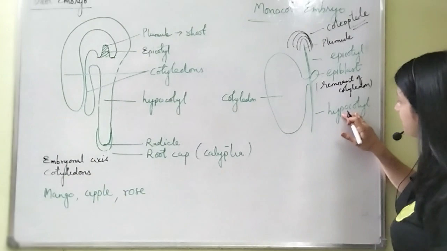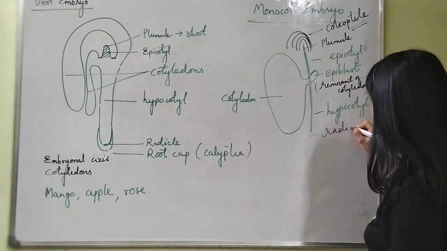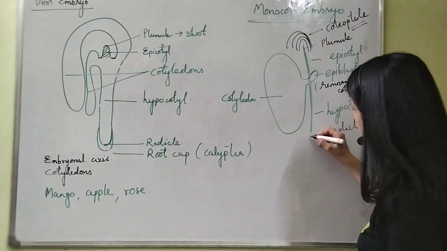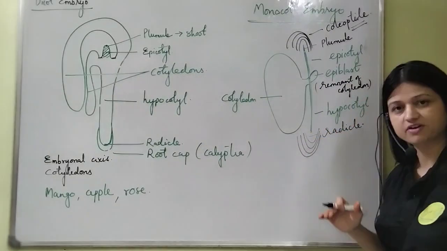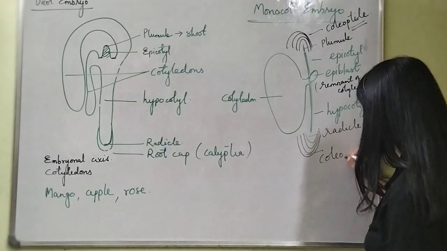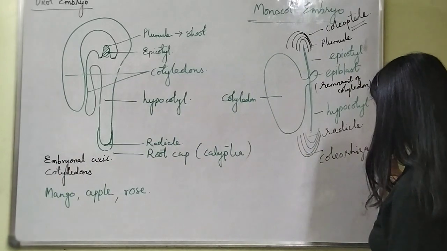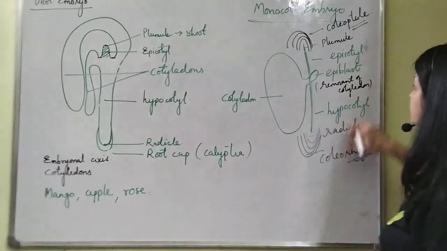Clear? Hypocotyle, it terminates at radicle, and this radicle is covered by undifferentiated sheath. ये undifferentiated sheath से cover होगी, that will be known as coleorhiza. Clear? So you should know what is coleoptile and what is coleorhiza.